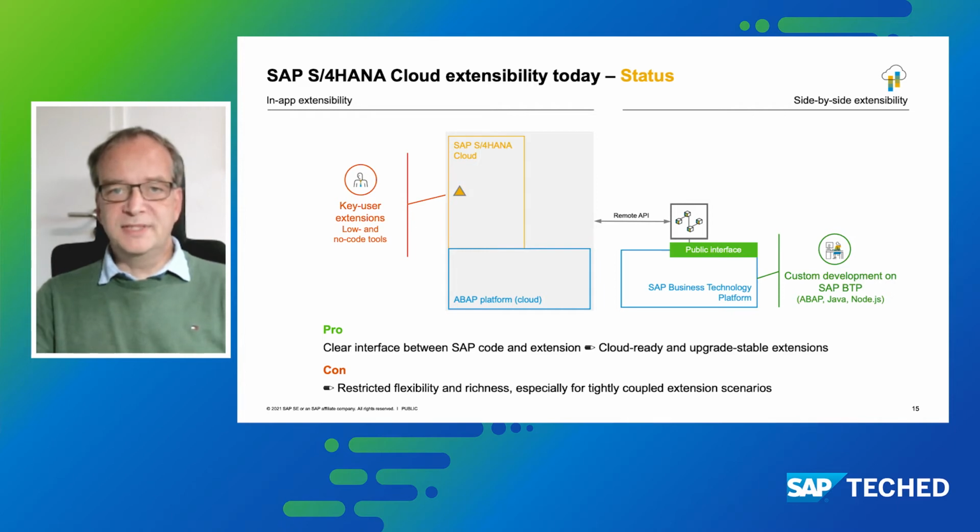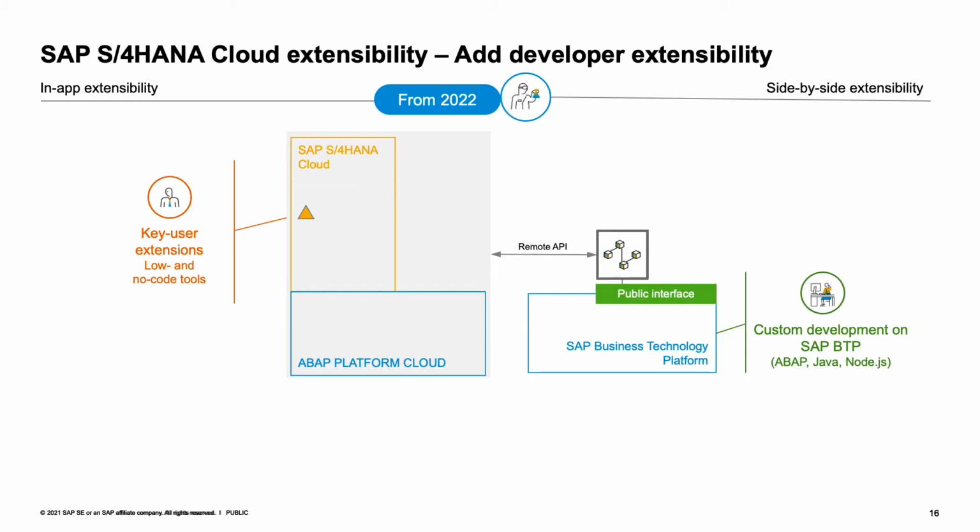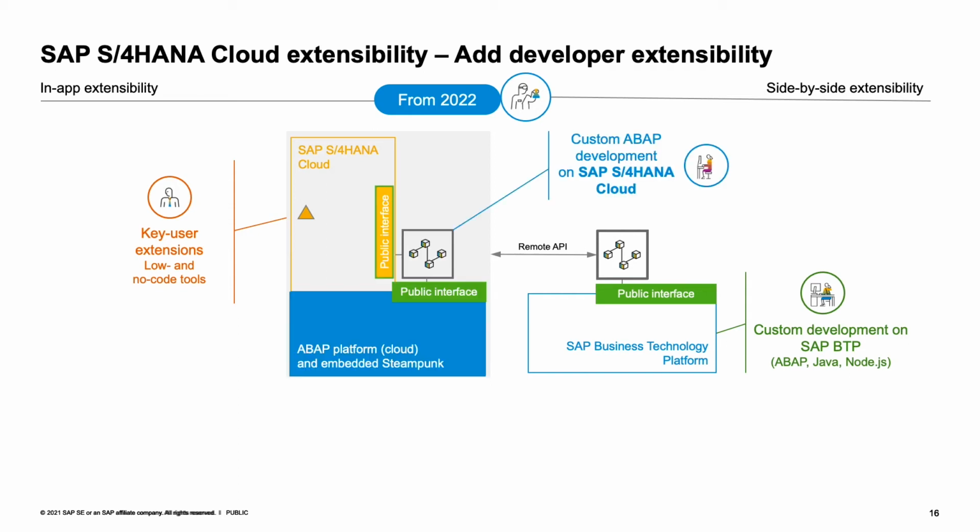So for that reason, we have thought about a third option, developer extensibility in-app flavor, directly in the stack of S/4HANA. And we thought of, as we have the very same ABAP stack basically on BTP, why not bring that approach that we have side by side back into S/4HANA. So we embed it again.